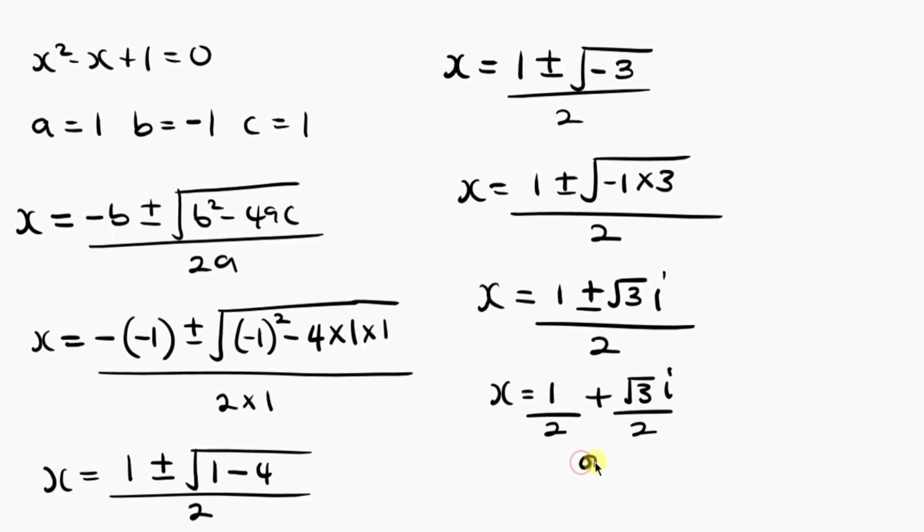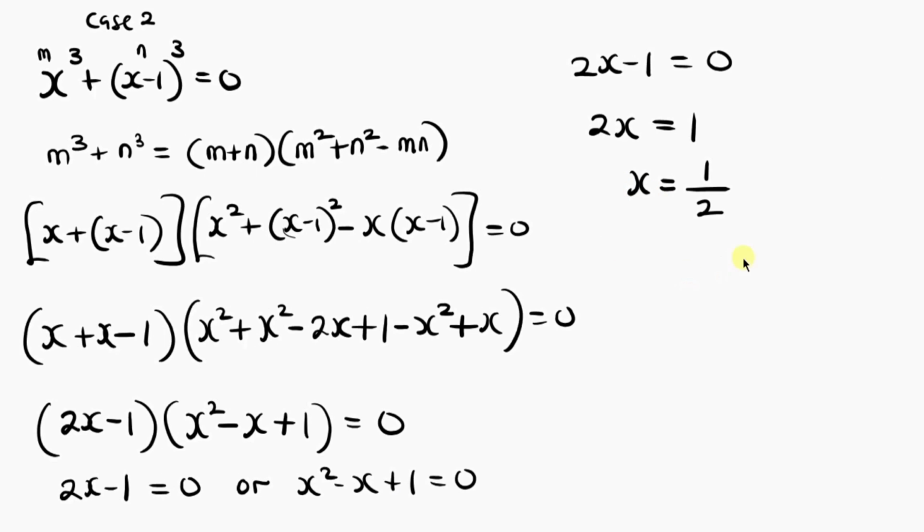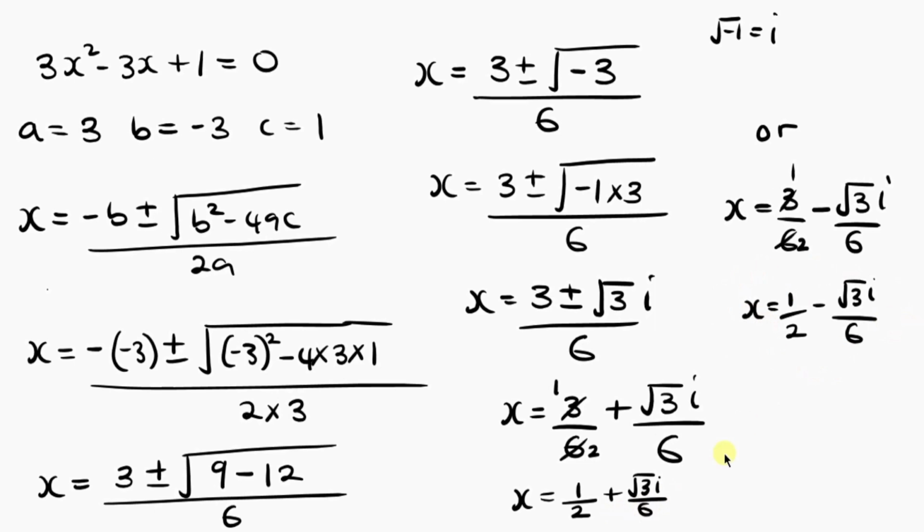So, or x is equal to 1 over 2, minus the square root of 3i over 2. So we see that we have two values of s here, one value of x here, and two other values of x here.